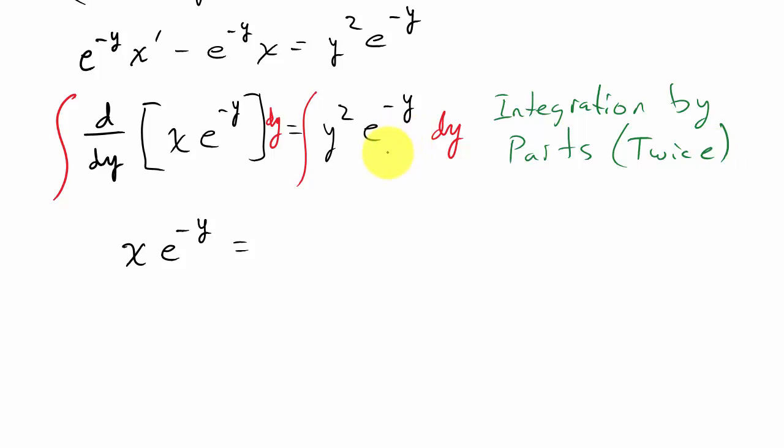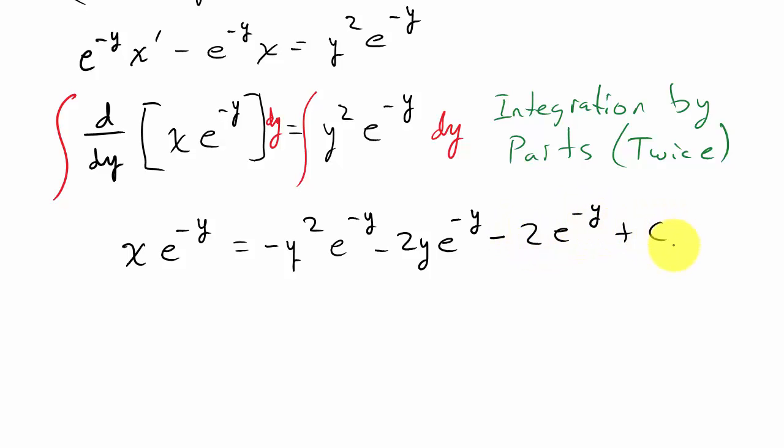Okay, but doing integration by parts twice, I end up getting negative y squared e to the negative y minus 2y e to the negative y minus 2e to the negative y plus c.